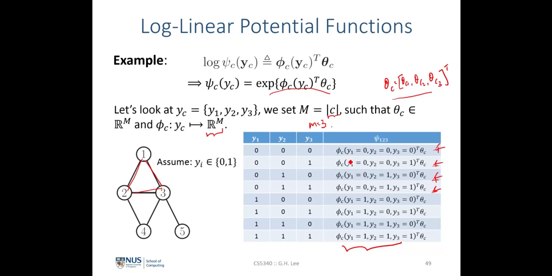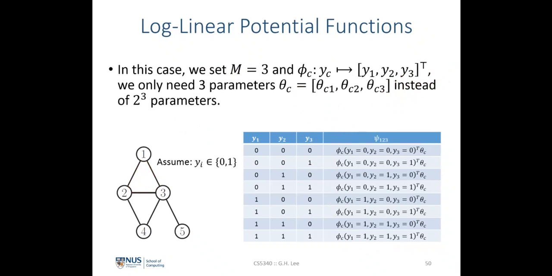In the first case here, the vector would simply be 0, 0, 0 transpose. And in the second case, it would be 0, 0, 1 transpose, and so on and so forth. Each one of these would be a unique vector by itself, and then taking the dot product with the parameters, we would have the desired values.